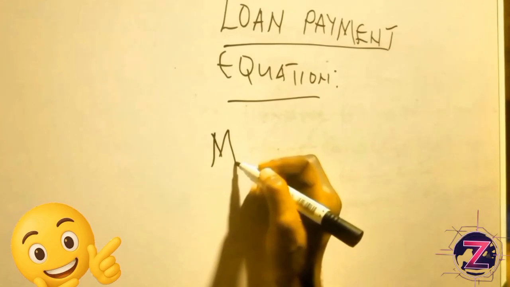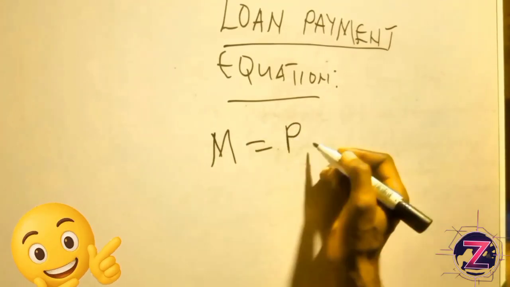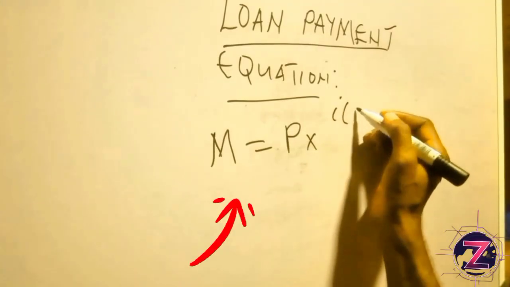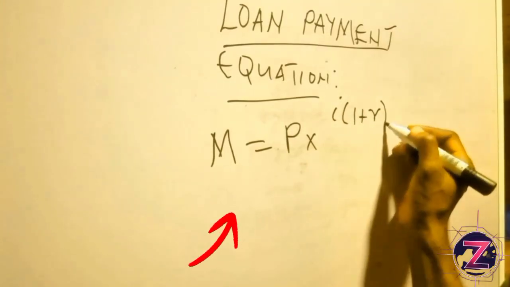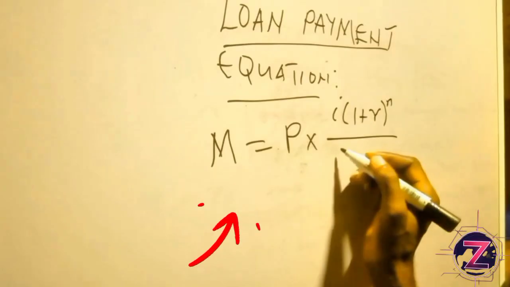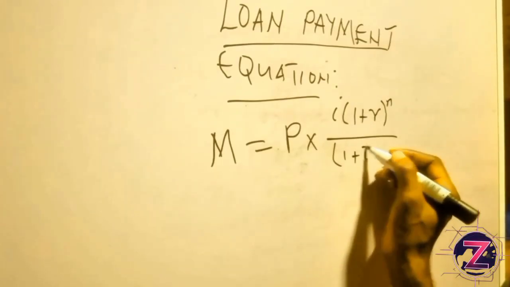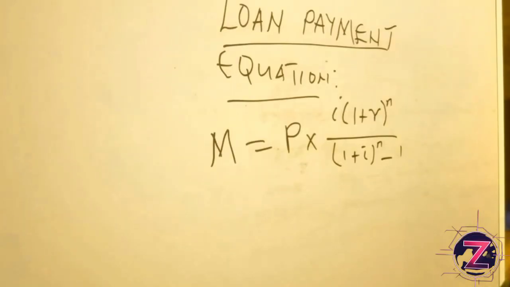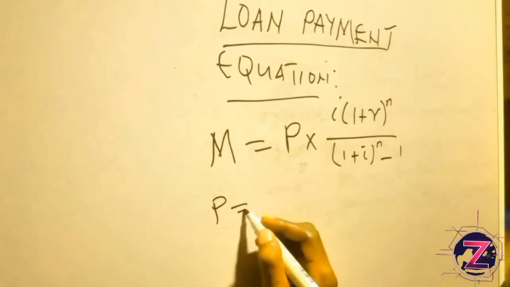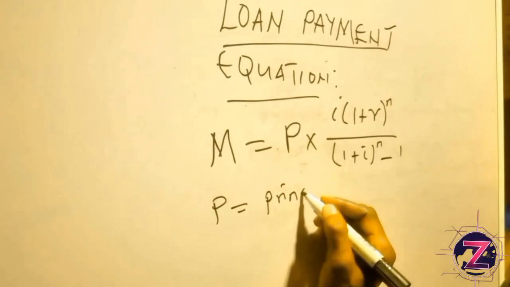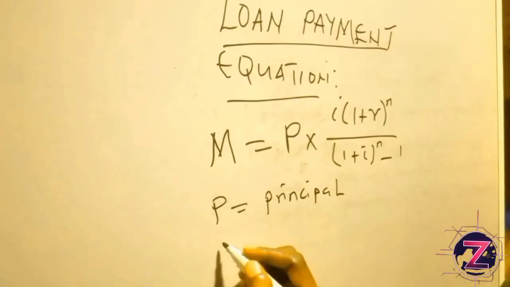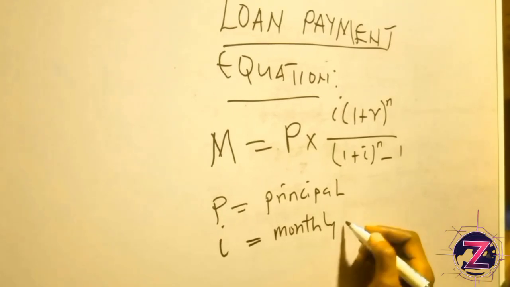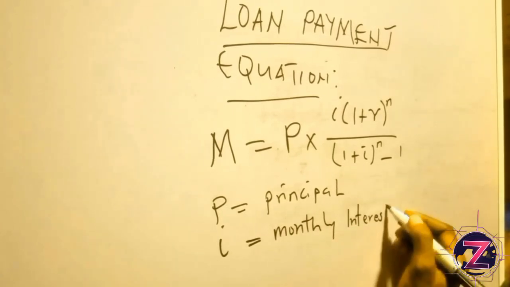Loan repayment equation: M is equal to P multiplied by [I(1+I)^N] all over [(1+I)^N minus 1].